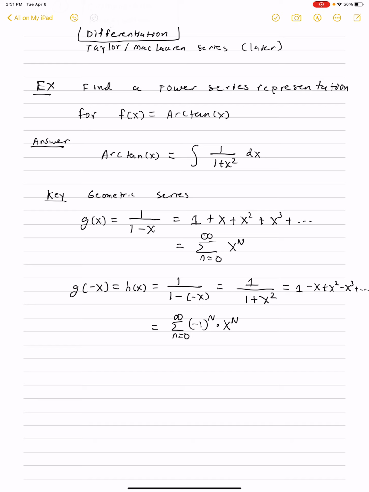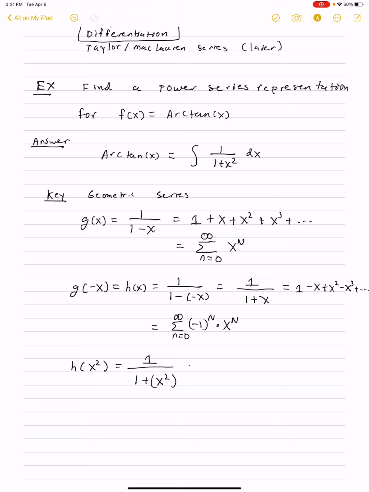Notice h of x is 1 over 1 plus x, not x squared, so that's a typo. But I do want that x squared there. So if I represent h of x squared and do a composite, this says replace x by x squared.